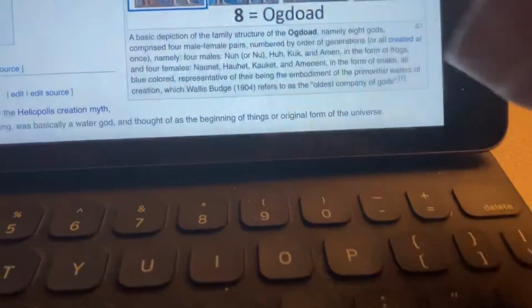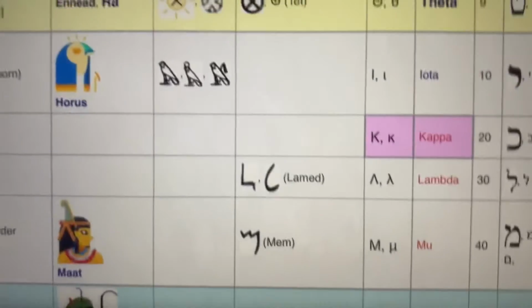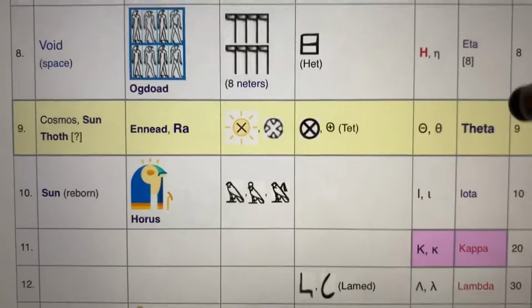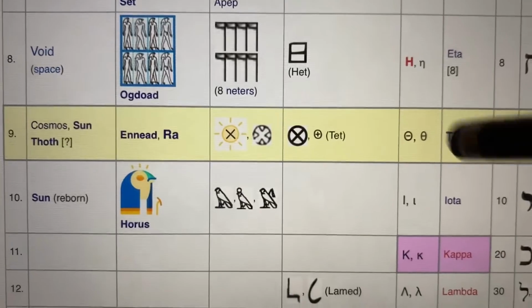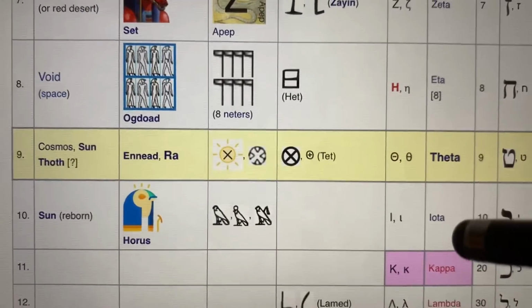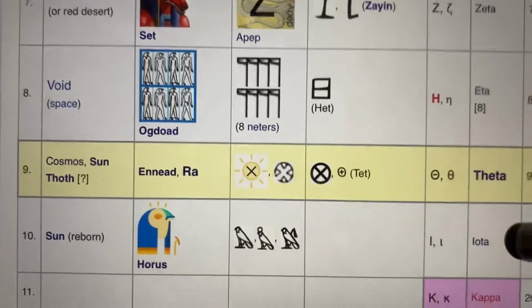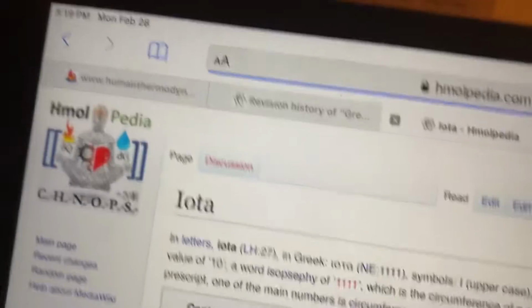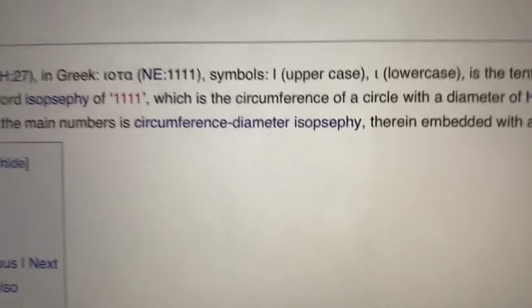That's a complex cipher. So the Ennead comes out as number 9, as Theta. Horus comes out as number 10, because he's the iota, which gives the 111 cipher.